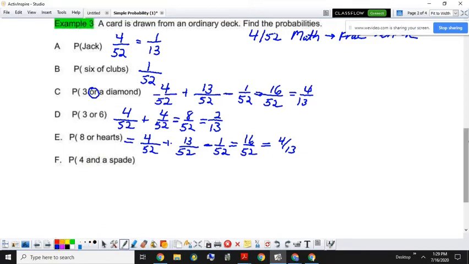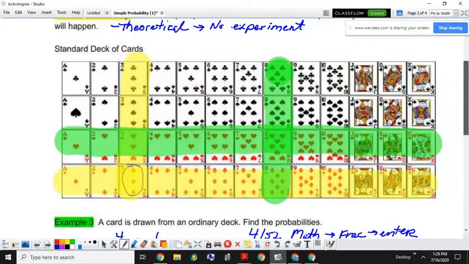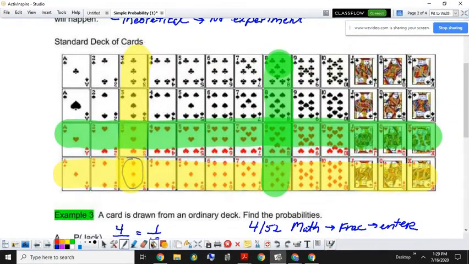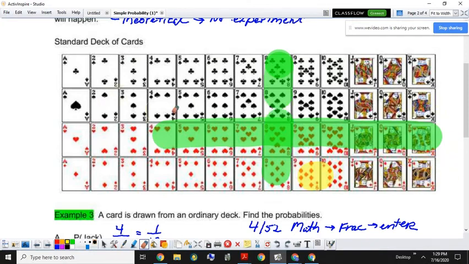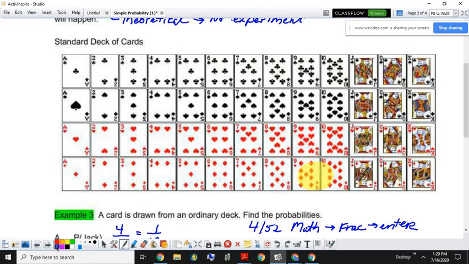So let's go up to the top here, and let me clear some of this out. So we want a card, and it has to be a 4 and a spade. I read the problem wrong.